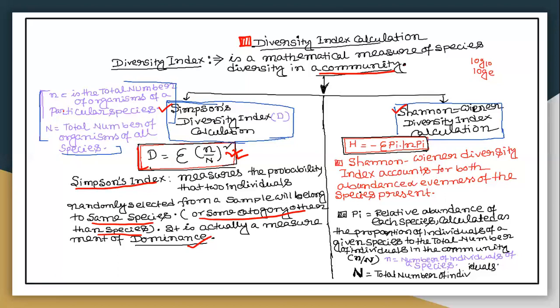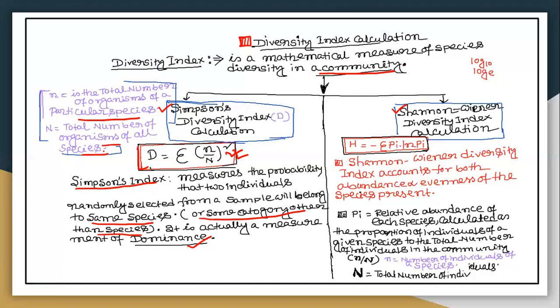Now what is small n? Small n is the total number of organisms of a particular species, and capital N is the total number of organisms of all species.